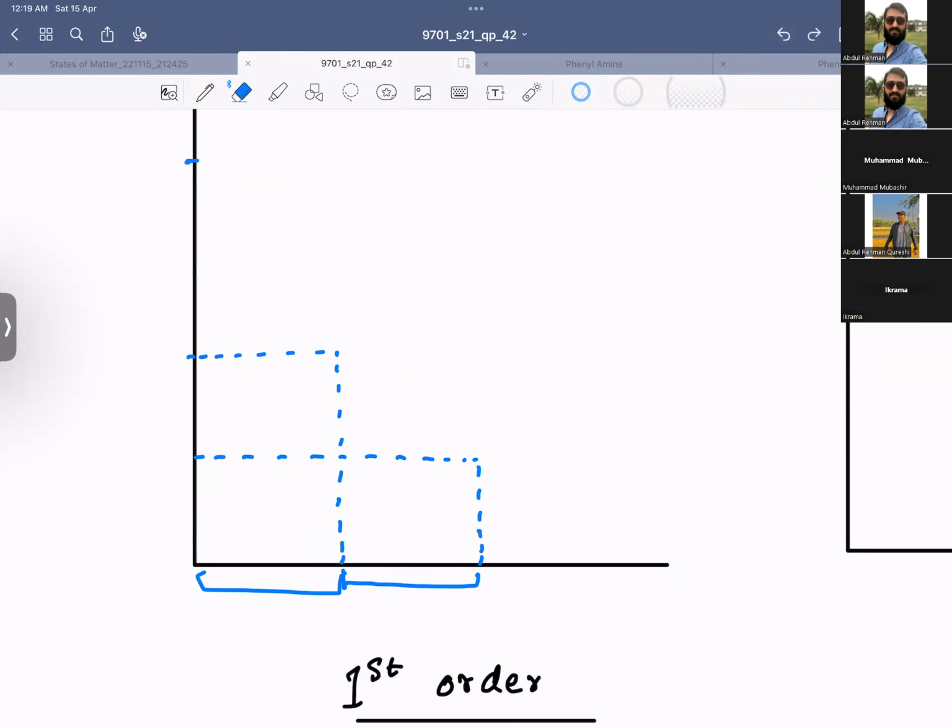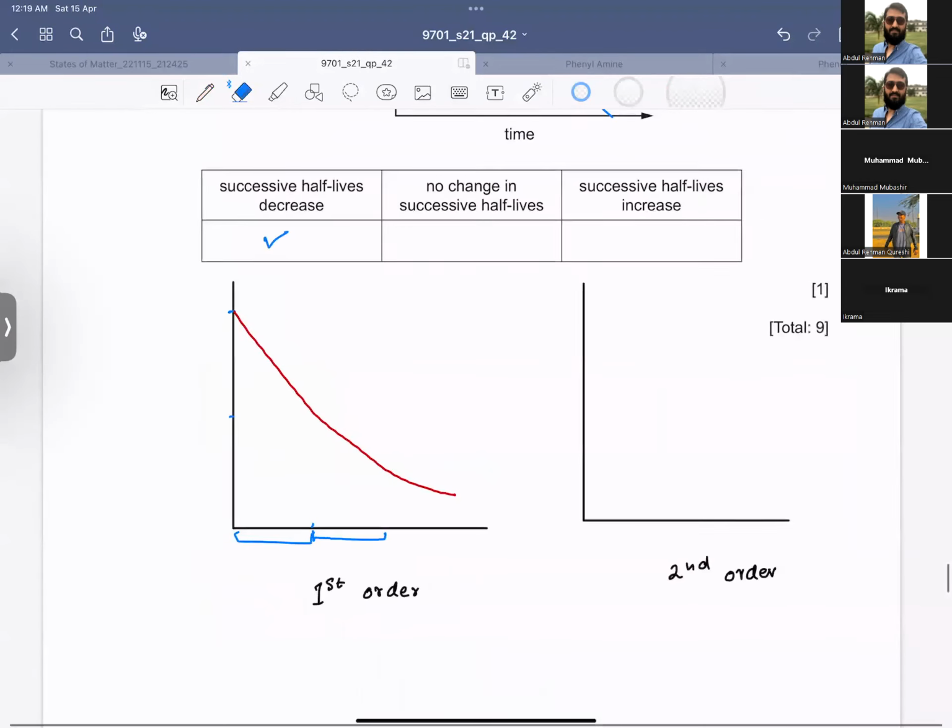So it would be a curve like this, and then afterwards, you can erase these. So it would be for the first order. Is this clear?